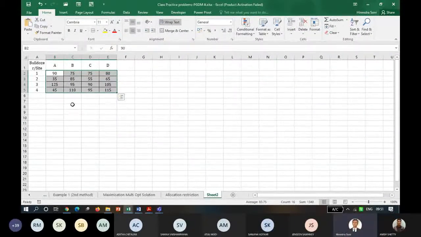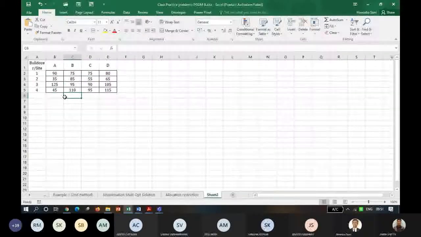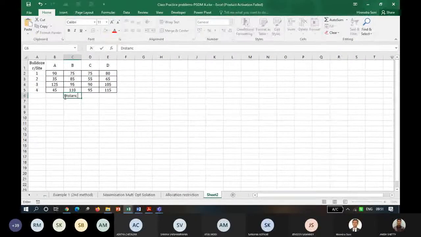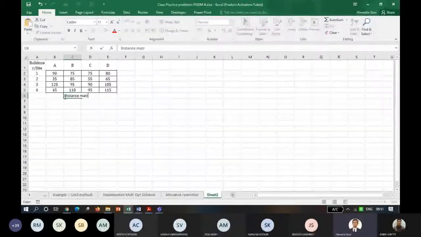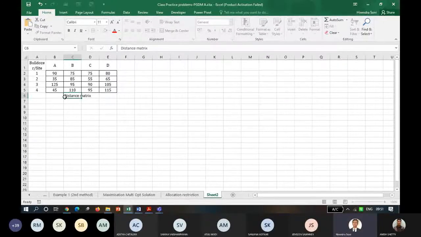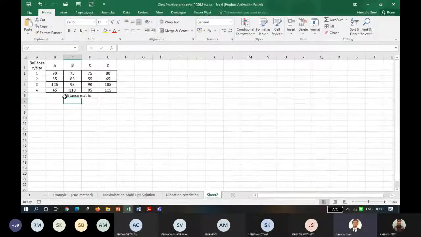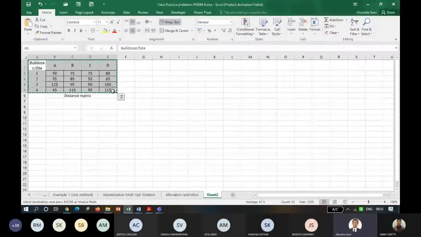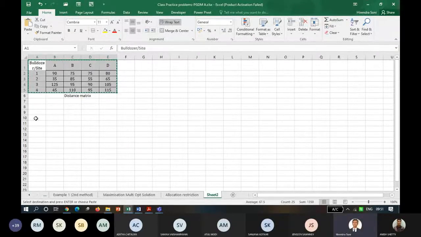This is your actually distance matrix. Okay. Now what we are going to do here is we'll create a similar matrix which will be an empty one.